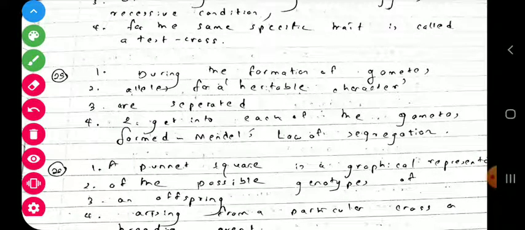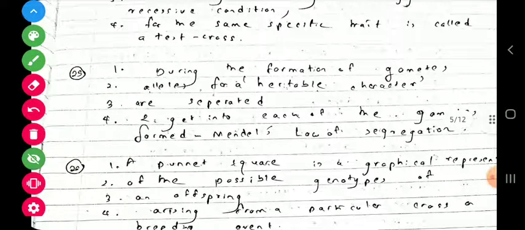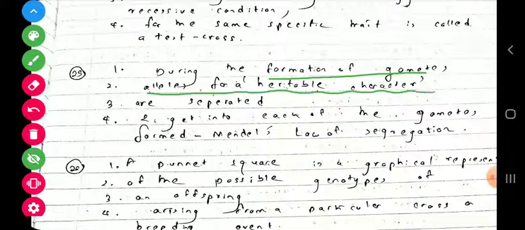Now we are going to talk about Mendel's law of segregation. That's Mendel's first law of inheritance. So what is it?